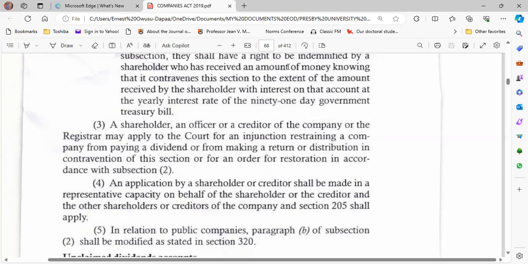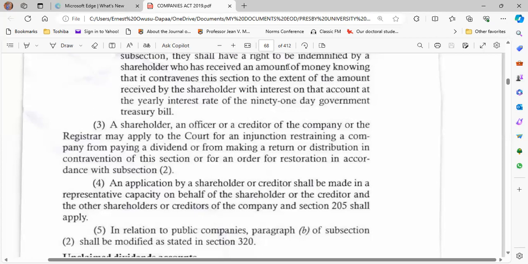The application being made in representative capacity simply means that you are not going to benefit from the successful outcome of the application alone, because what you are complaining of, or that which is taking you to court, other people have also got a similar complaint.